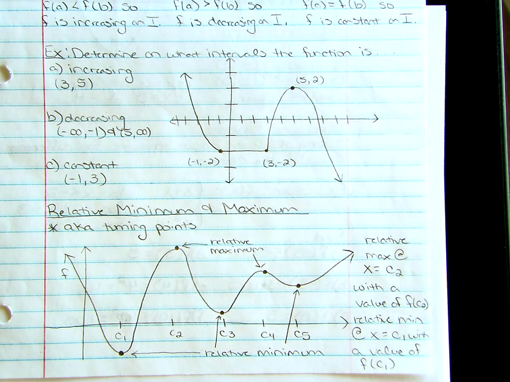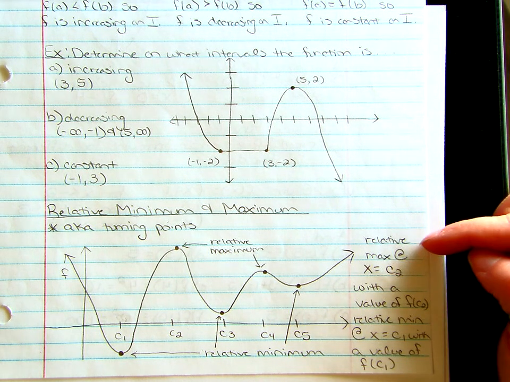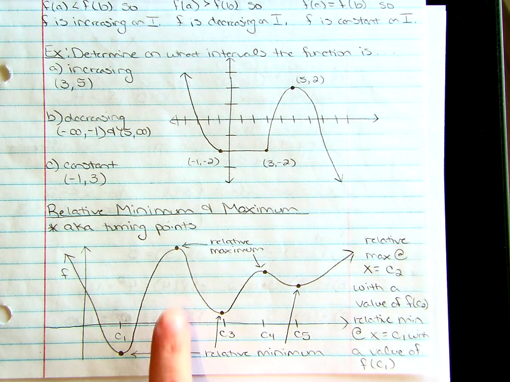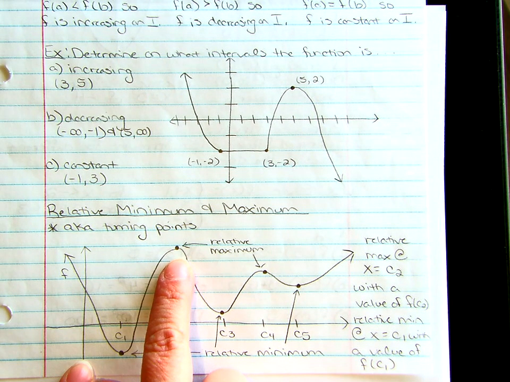Where your turning points happen, where these maximums and minimums happen, they happen at the x values. But their value is their y values. So this is where the y's will finally start coming into play. So the relative max at C2, right here, has a value of f of C2, or whatever the y is there.